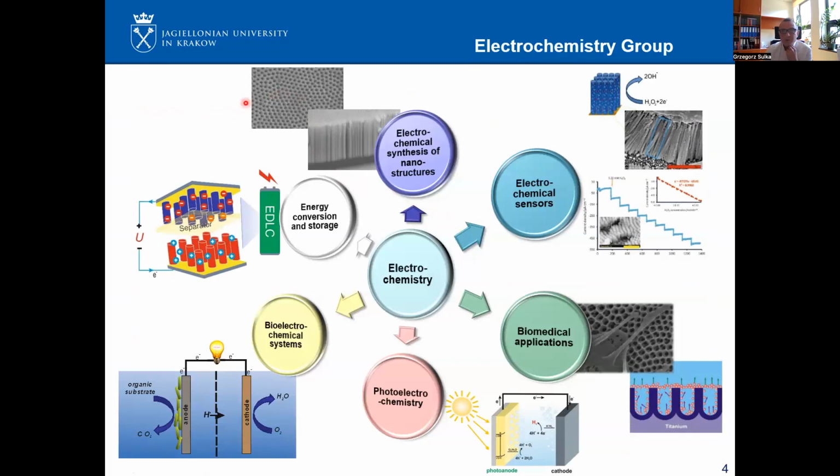The electrochemistry group is not so large, but we are interested in materials synthesized by electrochemical means, and their use for different applications. First of all, we synthesize nanoporous nanostructures or different nanostructures of metal oxides, and use them for electrochemical sensing of different compounds, also for biomedical applications.